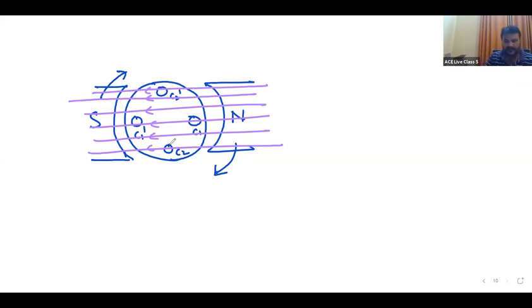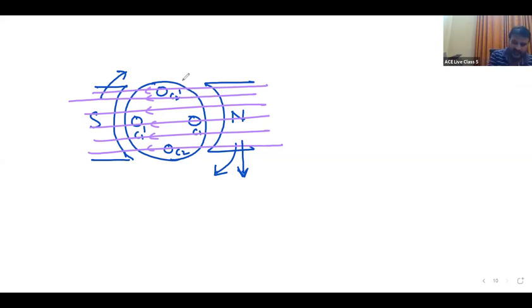Poles are rotating clockwise, then conductor is said to be rotating in counterclockwise direction. For example, when pole is moving tangentially downwards, I can take these conductors as moving counterclockwise, upwards.